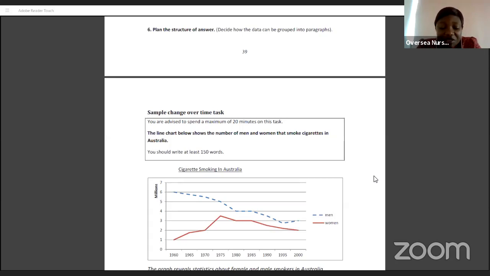So for smoking of cigarettes, what do we do? What if we say statistics? Does it fit? Yes, ma'am. It fits, right?